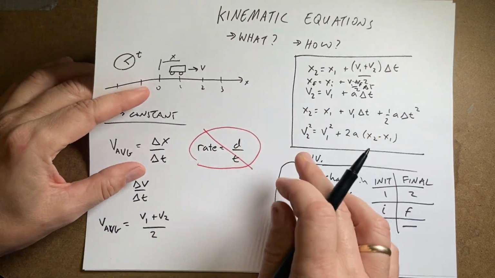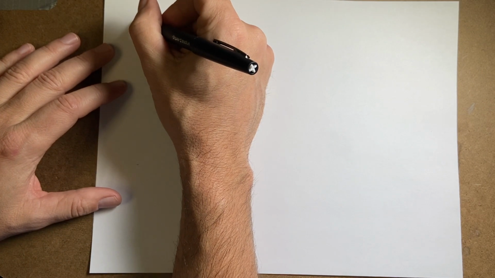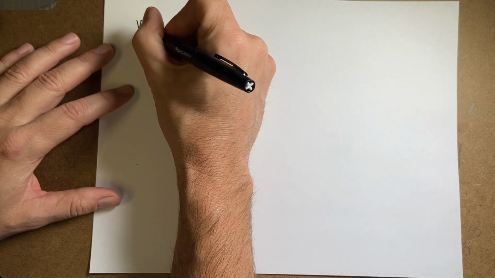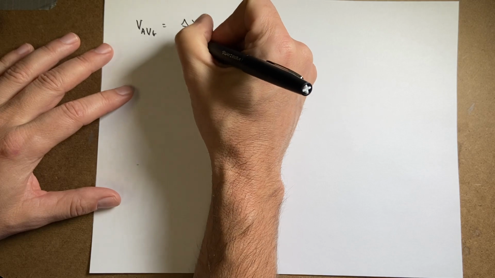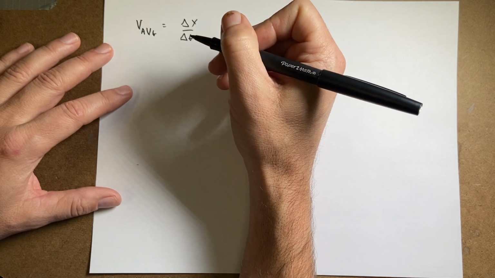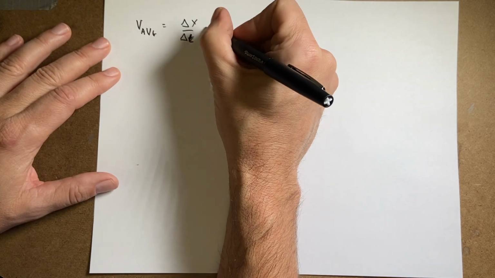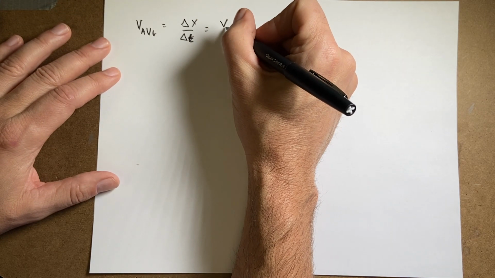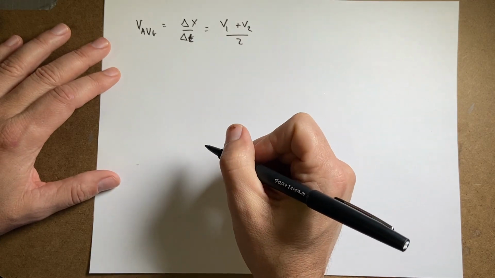Okay, so this first equation uses the definition of average velocity. V average is delta x over delta t. Now, I can also use the other definition of average velocity, that's v1 plus v2 over 2.